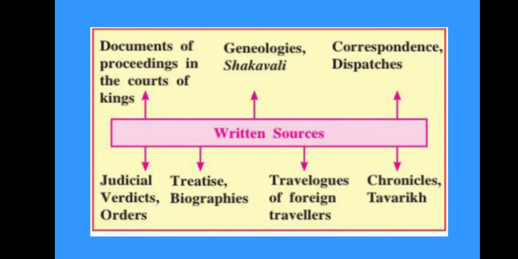We get information about the medieval period from the documents Tavarikh, Burjapatra, biographies, travelogues, Bakhars, etc. From these sources, we get information about their language, social life, festivals, etc. We will learn these sources one by one.